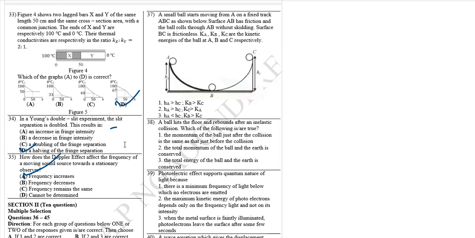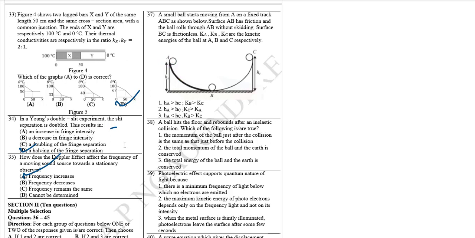Now let's verify this. We are going to conserve energy. There is friction on AB, so the ball has a certain amount of kinetic energy as it is rolling down, and as it rolls down a certain amount of energy is dissipated due to frictional forces. And then we also have its potential energy.